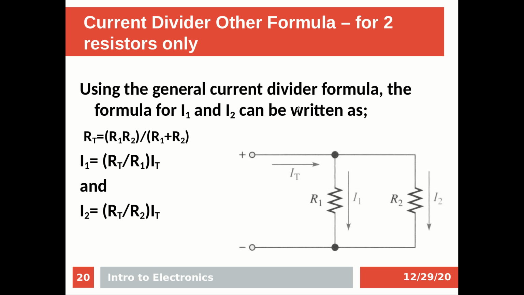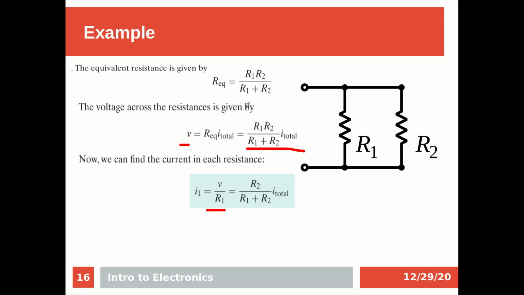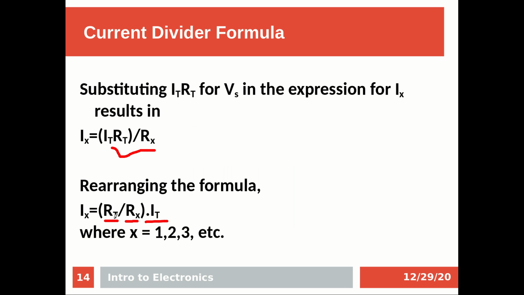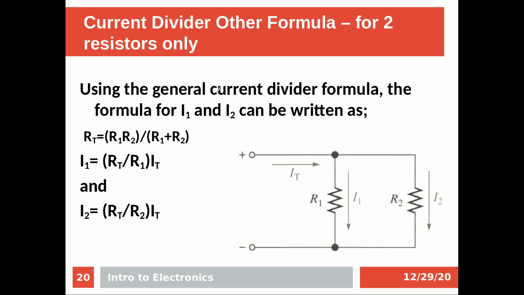This is the general divider equation. Here we calculated a special equation for two resistors using the R equivalent for the two resistors. Maybe we can use the general equation that we calculated before, for two resistors only. So R total is R1 R2 over R1 plus R2.